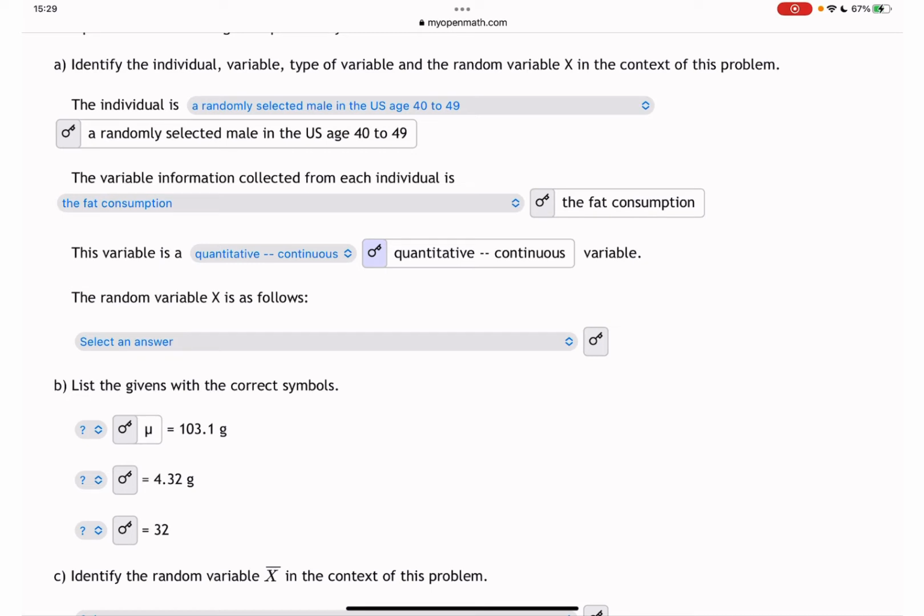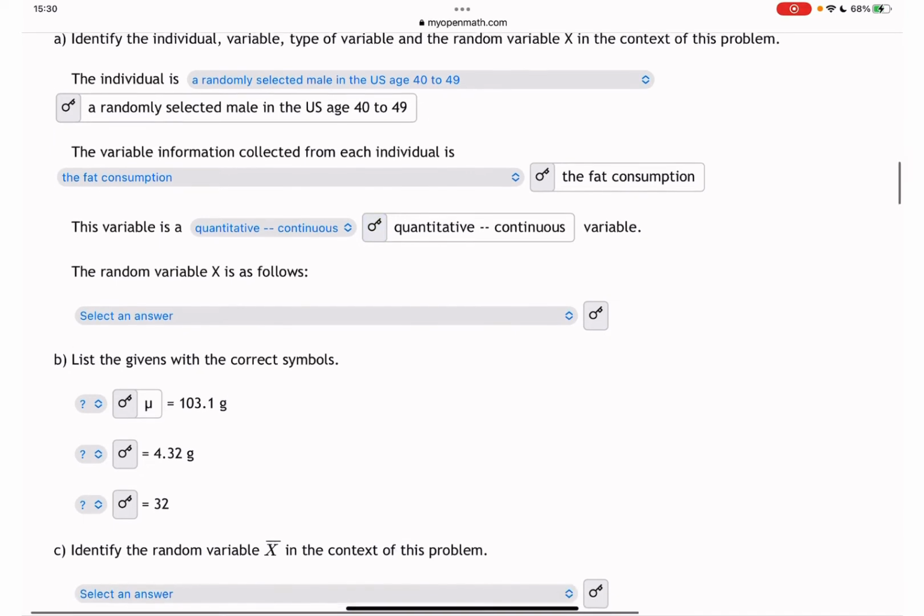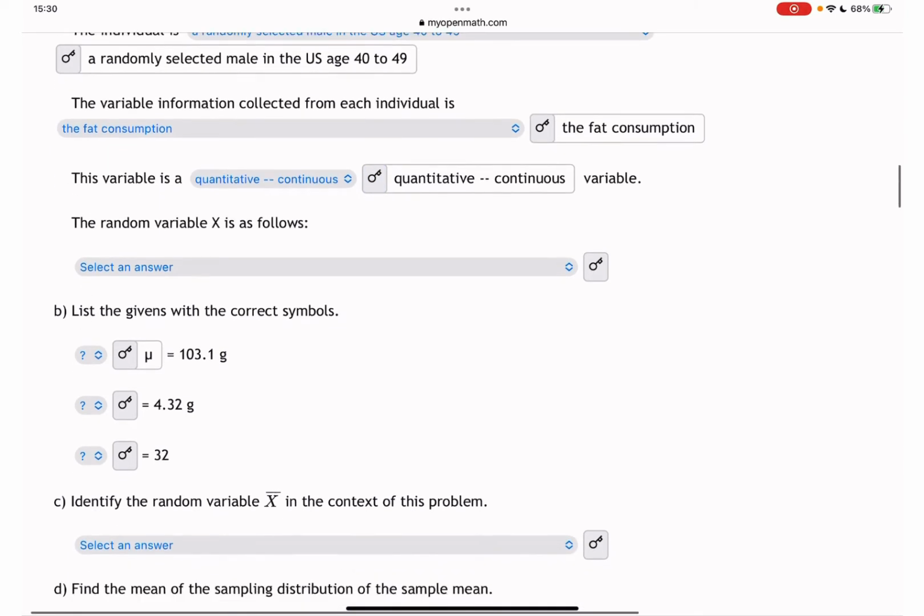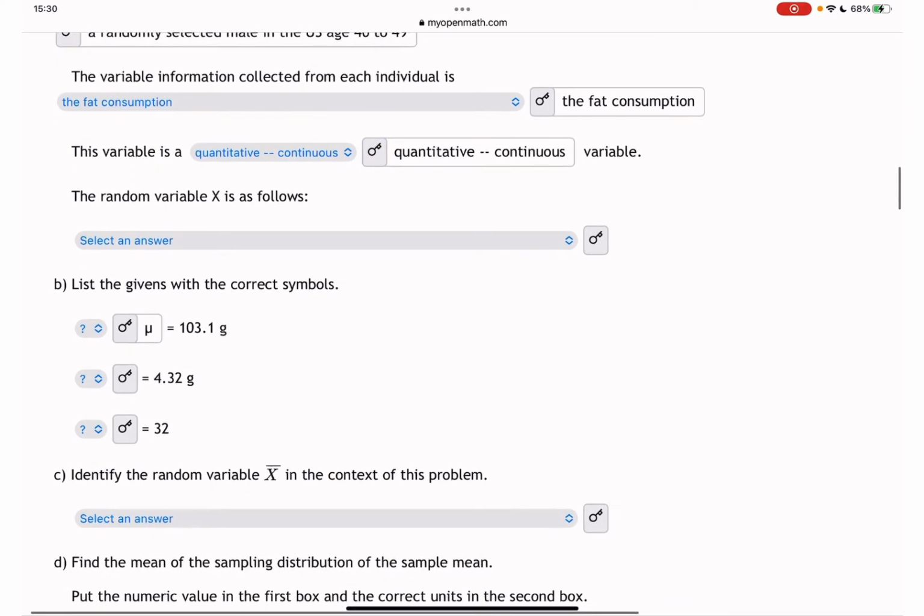If you have quantitative continuous here, it doesn't necessarily mean in your problem it is going to be quantitative continuous, so you use your logic. Why I choose quantitative? Because from one person to a second person the fat can be continuous, right? Fat doesn't have quality of fat.